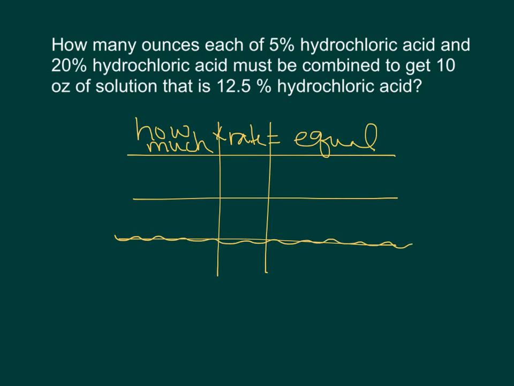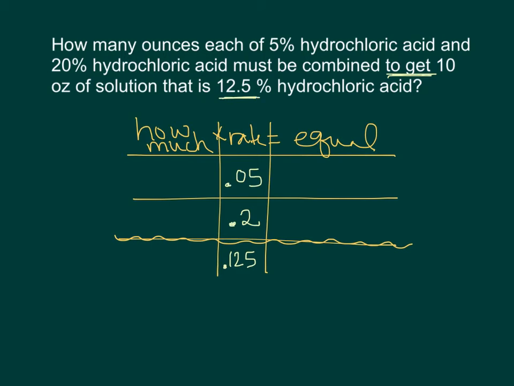When we worked on these mixture problems back in Unit 2, I said always fill out the rate column first. So it looks like we've got a 5% hydrochloric acid solution, we've got a 20% hydrochloric acid solution, and our ideal rate, or the rate we want to get, is a 12.5% hydrochloric acid solution. And you know that because it says I want to get a 12.5. So you know the 12.5 has to go on the bottom.